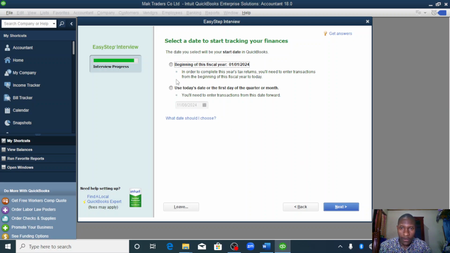So we need to set the start or the period where we begin tracking our finances. So we click here. So we come here, we set the date. It was beginning on 1st January 2023.